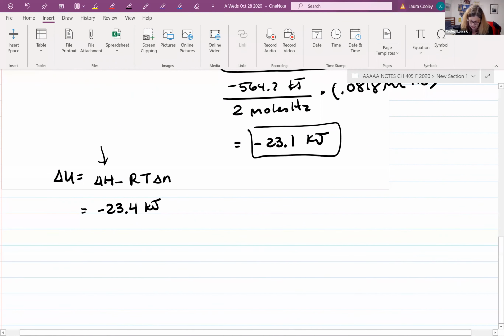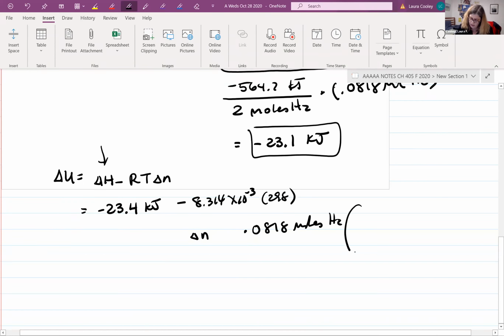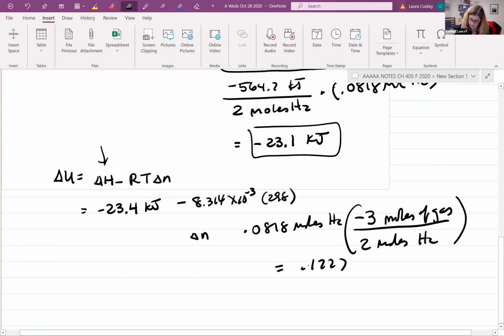Then minus 8.314 times 10 to the negative 3, and then you've got 298. And this delta N is 0.0818 moles of H2 times a loss of 3 moles of gas per 2 moles of H2, and that comes out, I believe, to 0.1227.